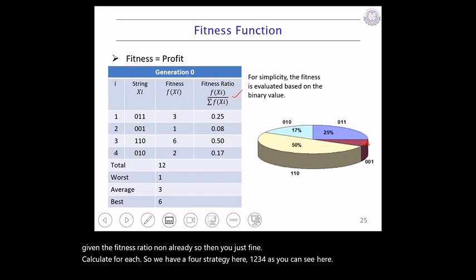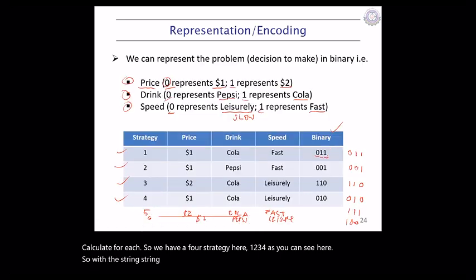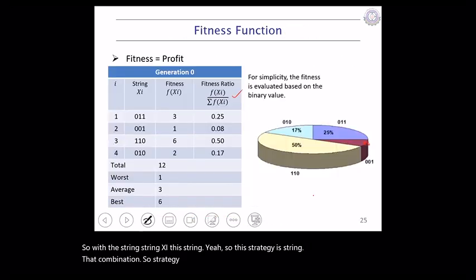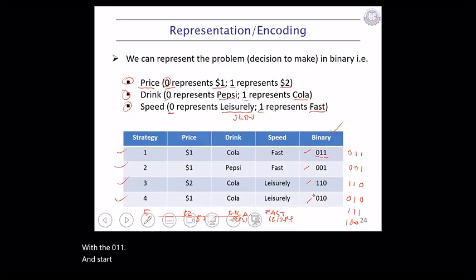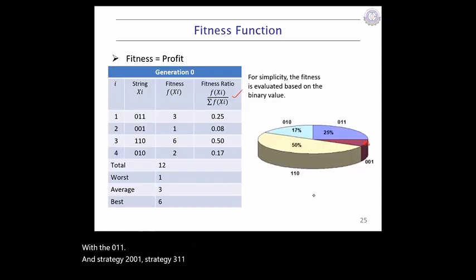So with the string xi, this string combination: strategy 1 with 0, 1, 1, strategy 2, 0, 0, 1, strategy 3, 1, 1, 0, and strategy 4, 1, 0, 1. Then we see the fitness. We convert to the fitness value.